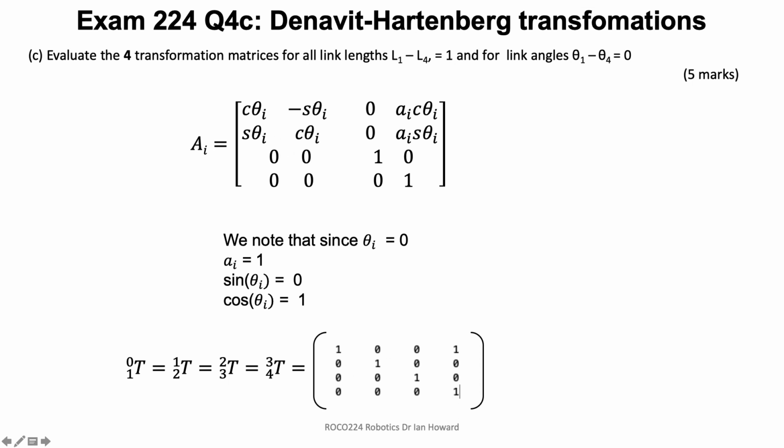As you can see here, we end up with the identity matrix for the part of the matrix representing rotation, and we have a shift along x, right? That makes sense, because if we actually look at the shape of the arm, it means it's not rotating at all off the default base position, and it's just going to represent a translation along x of a value of unity, right? So that's what that's telling us.